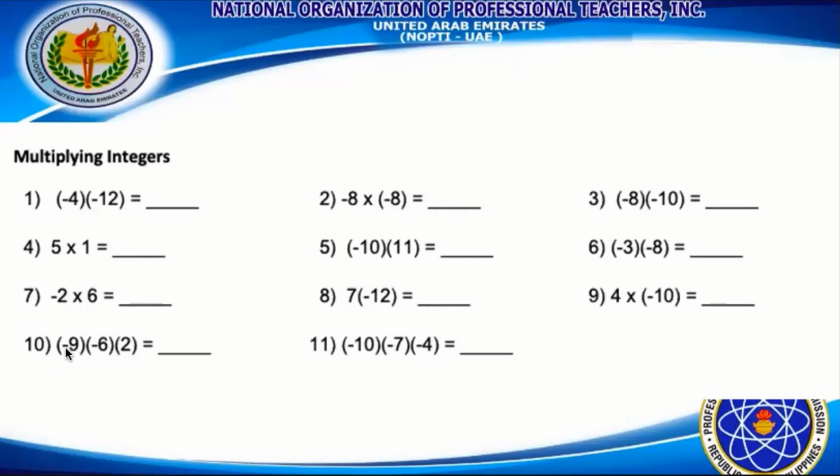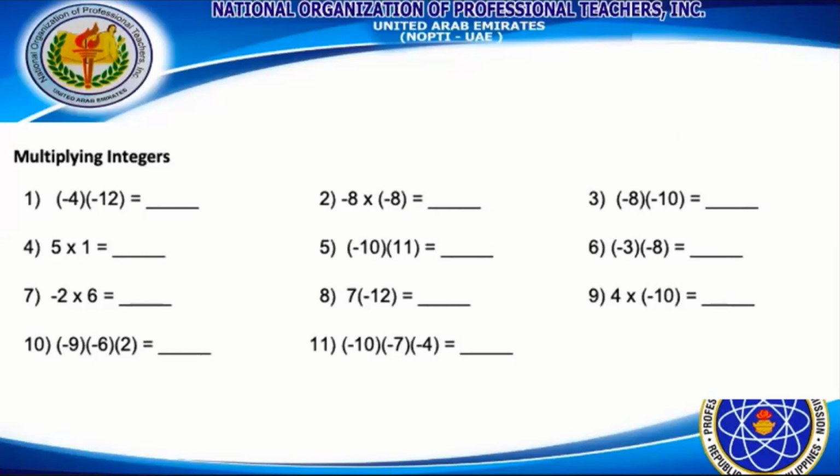Ganyan siya, oh. Negative 9 times negative 6 is positive. Times 2, positive. Pero itong number 11, ito ang negative. Negative 10 times negative 7 is positive 70 times negative 4. So it's negative 280. Okay? Number 11 is negative 280.